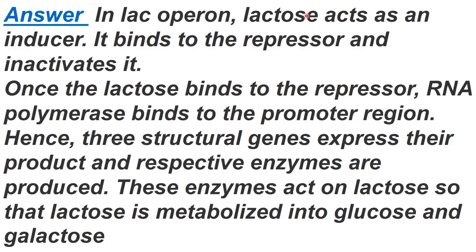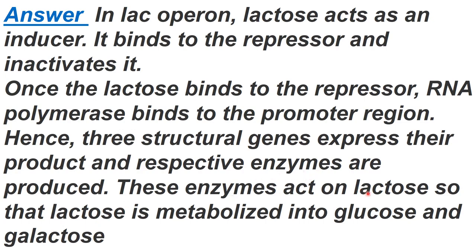In the lac operon, lactose acts as an inducer, right? Inducer means it binds to the repressor and inactivates it. Once the lactose binds to the repressor, the RNA polymerase will bind to the promoter region, and hence the three structural genes Z, Y and A will express and will form the respective enzymes.